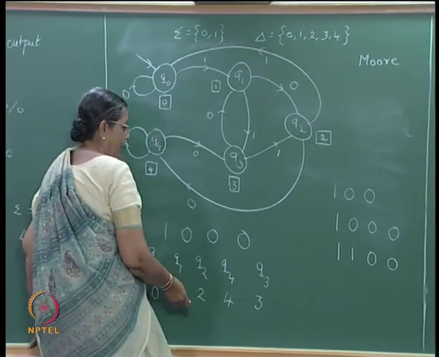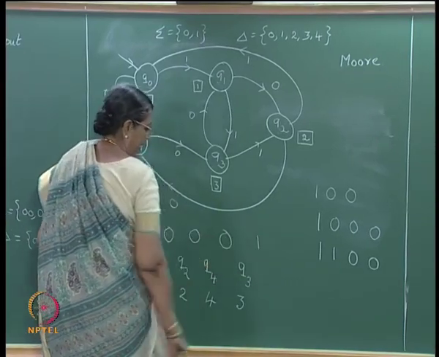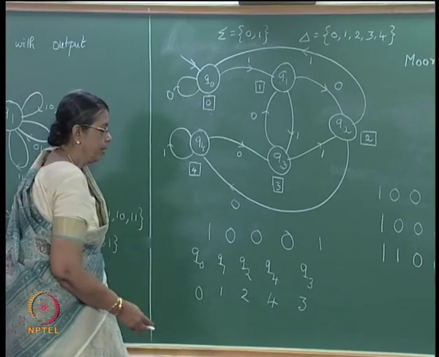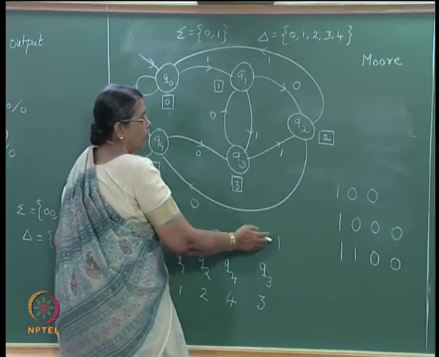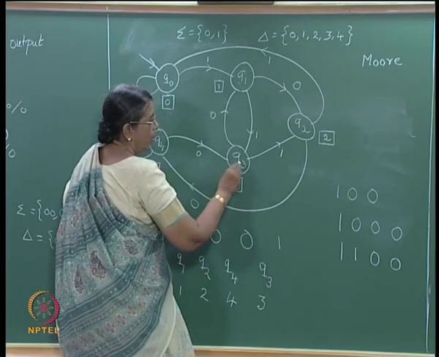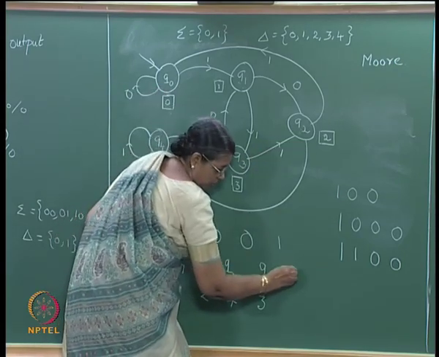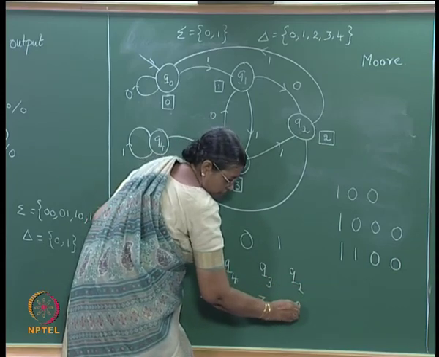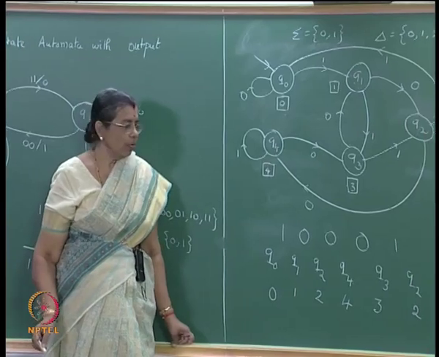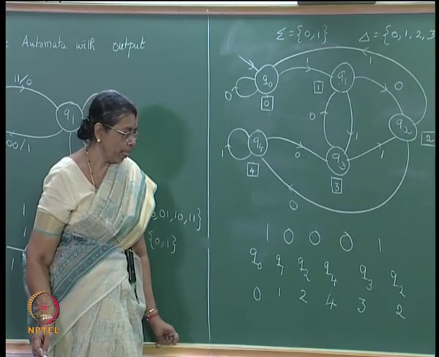Suppose I were to get one more 1 here. What will be the number? 8 into 2 plus 1, 17. Q3 on 1 goes to Q2, output will be 2. So, 17 divided by 5 will give you the remainder 2.